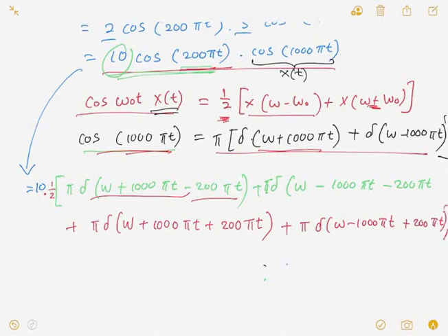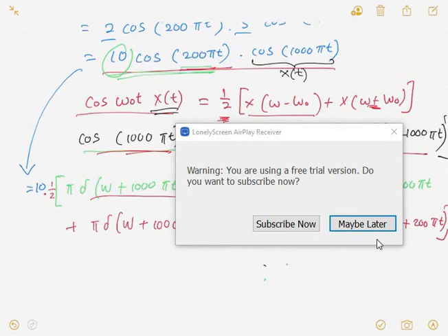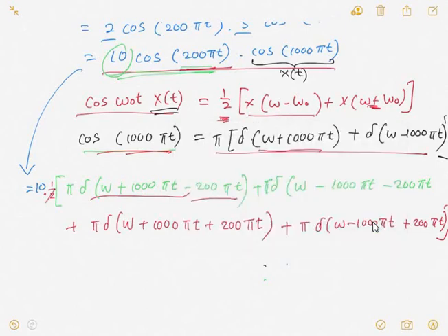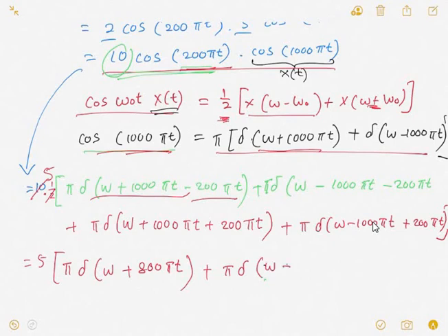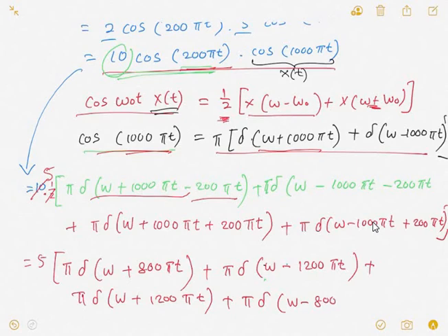Okay, if you simplify, this one too is 5, so you get 5 pi delta(omega minus 800 pi) plus pi delta(omega minus 1200 pi) plus pi delta(omega plus 1200 pi) plus pi delta(omega plus 800 pi). Okay, do you understand?